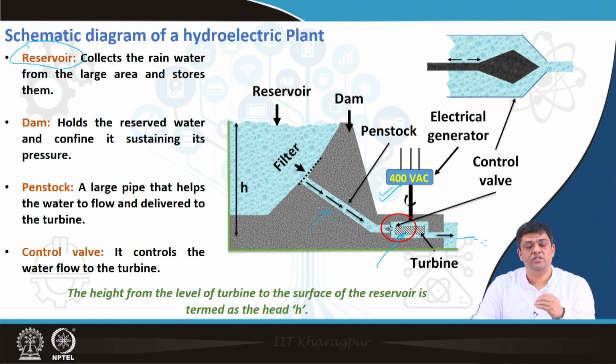The reservoirs can also be so constructed that along with the water which is coming downstream, it also collects the rainwater from a large area and stores it. So, you can also construct reservoirs in the catchment areas.